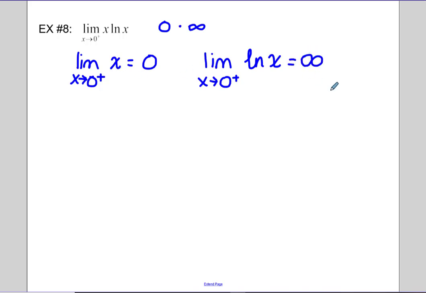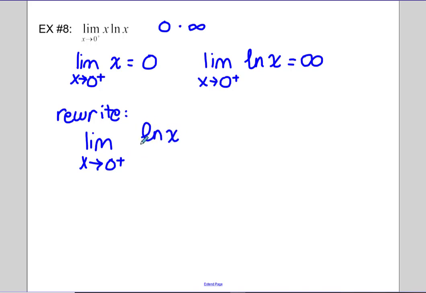This is case 2. So I want to rewrite it as a fraction, and this is kind of like a little algebra trick. As x goes to 0 from the right, we'll write the natural log of x divided by 1 over x. And then this is going to lead us back to case 1.